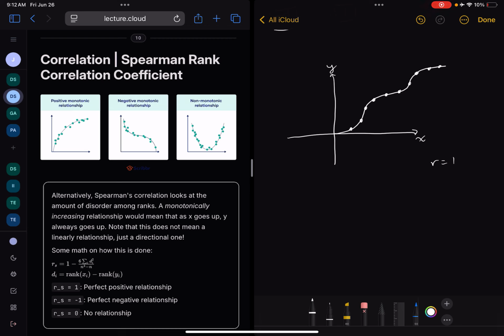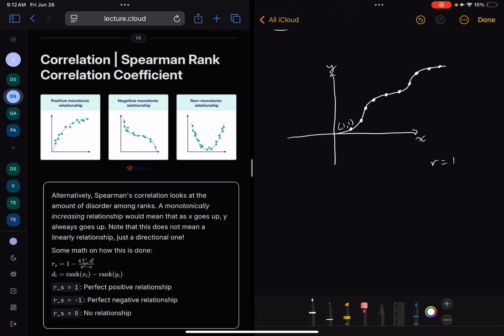If I ordered my x-axis and said, let's start with the lowest, what's the lowest value on the x-axis? It's this one right here. If I looked for the lowest value on the y-axis, it would also be this one. So we get a pairing of ranks, 1 and 1.